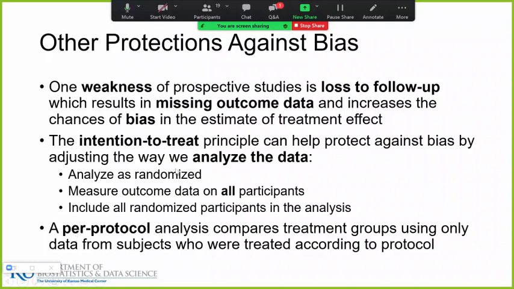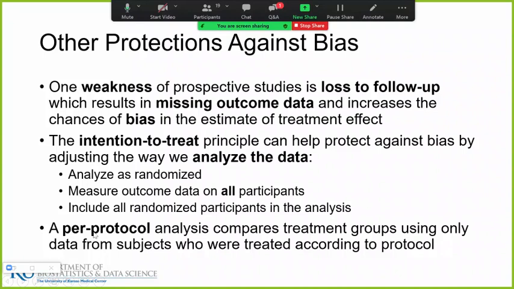And again, that provides a conservative assessment of treatment effect. When I say conservative, I mean it does not overestimate the effect of treatment. A per protocol analysis gives you a more precise look at how the treatment worked in subjects who were treated according to protocol.